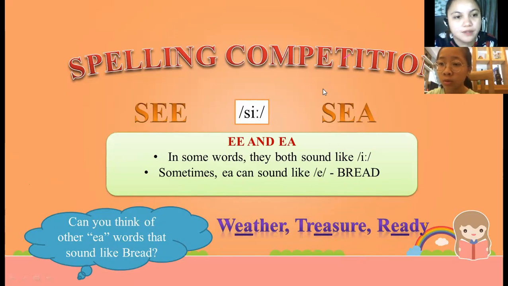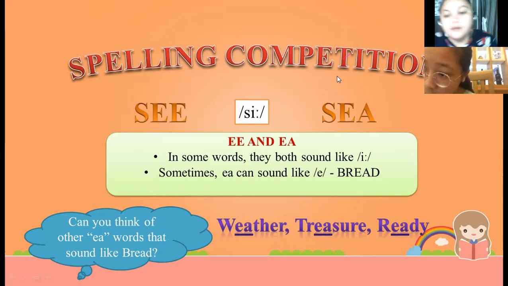Can you think of some words where EA sounds like E? Weather. Okay. Yes. Oh, aside from weather.